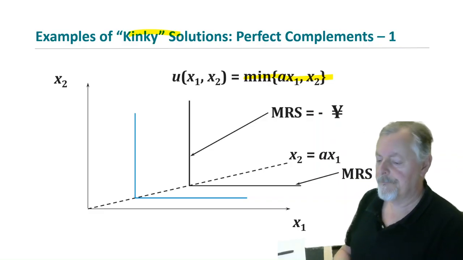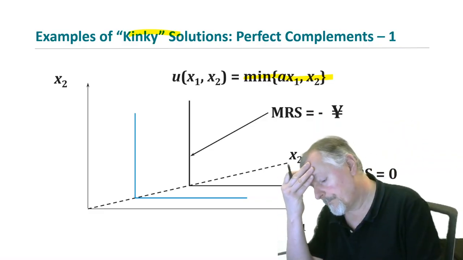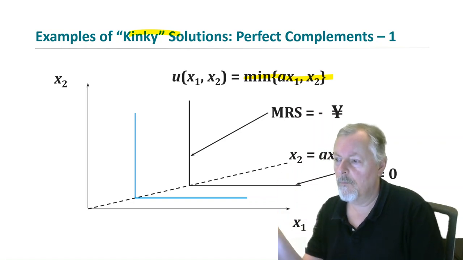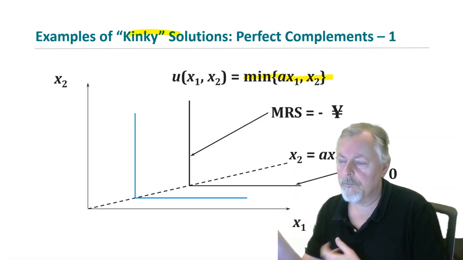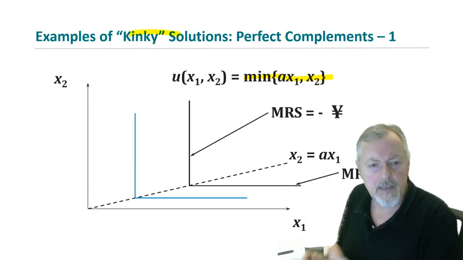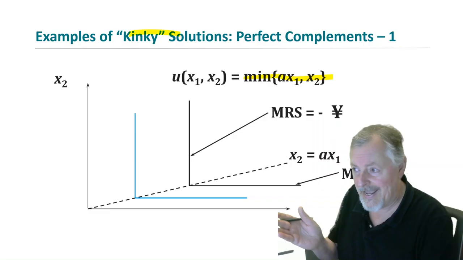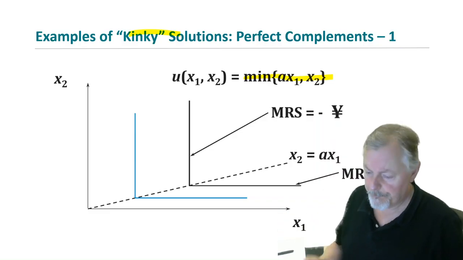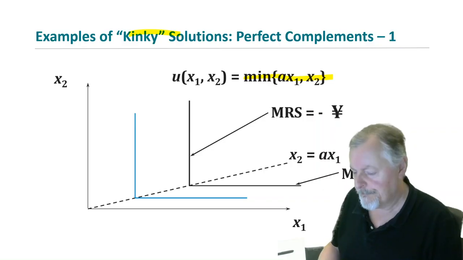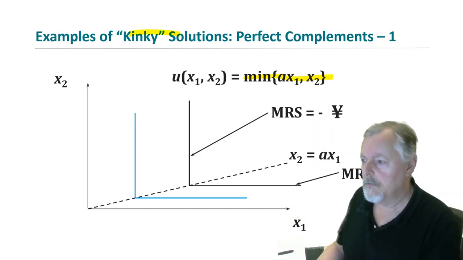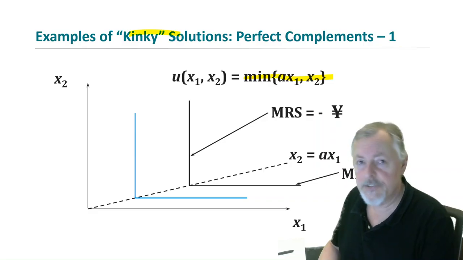This person gets utility from consuming these things in a fixed ratio, A. So this is like right shoes and left shoes. In that case, A would be 1. What is the marginal rate of substitution? What is the slope of the indifference curve?